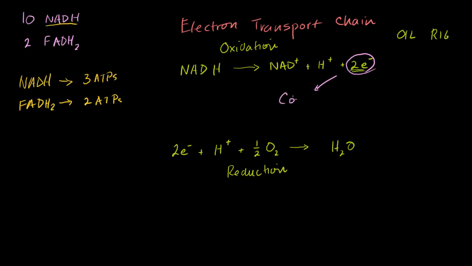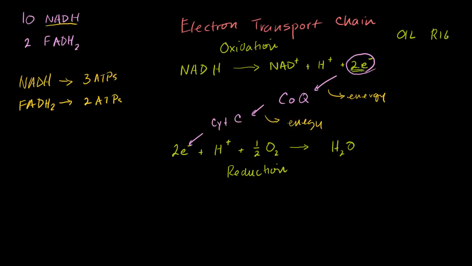One is coenzyme Q, and cytochrome C, and then they eventually end up right here, and they're used to reduce your oxygen into water. Now, every time an electron goes from a higher energy state to a lower energy state, and that's what it's doing over the course of this electron transport chain, it's releasing energy.